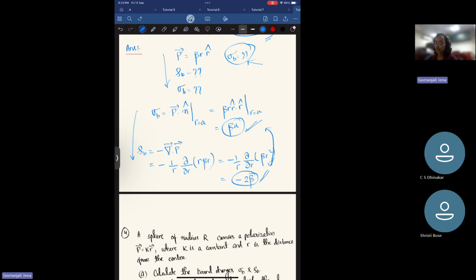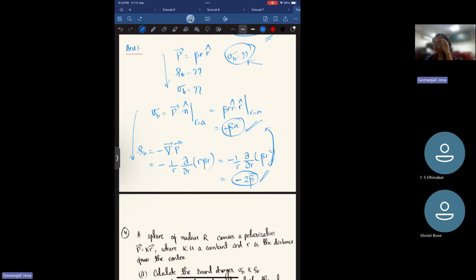That concept is always true, but it's not like rho B and sigma B will be equal. The total charge should be 0. When you take the integration, the total charge should cancel with each other. That's why we have a negative charge here and a positive here.